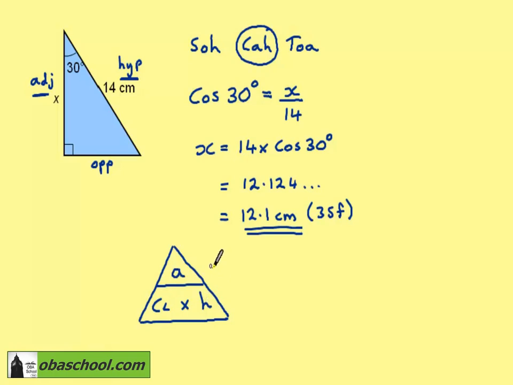Once again we decide what it is we're trying to find, in this case the adjacent, cover it up, leaving us with the calculation hypotenuse times the cosine of the angle. The hypotenuse is 14 and the angle is 30, so note once again we get the same calculation by this method, so we should produce the same answer.